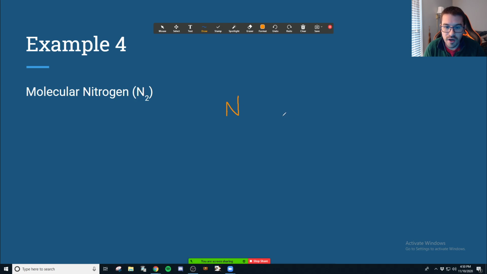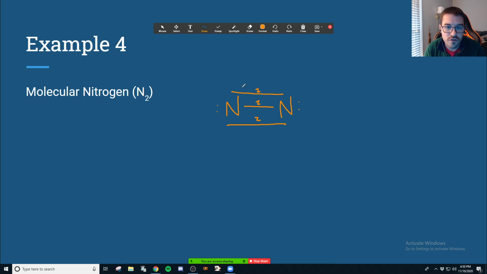Let me write my 2 nitrogens here. Nitrogen starts with 5 valence electrons, and so let's do that little trick, right? In order to get to 8, 8 minus 5 is 3, so it's going to need 3 bonds. And that's true, right? We can see that by actually drawing the bonds here. Triple bond, each bond counts for 2 electrons.